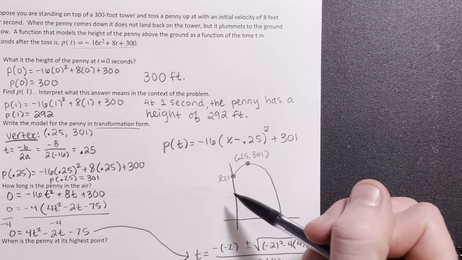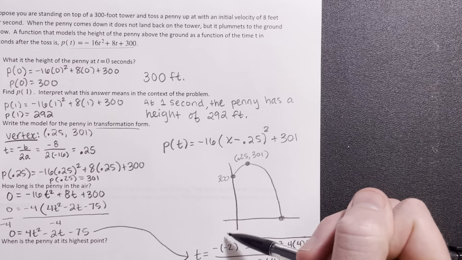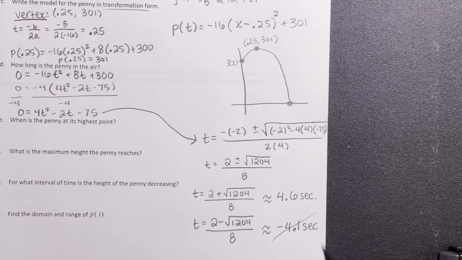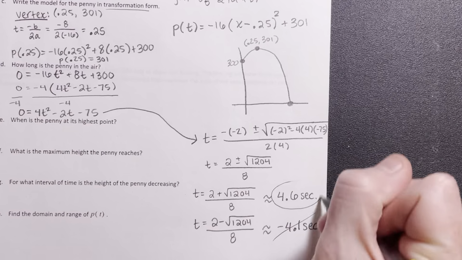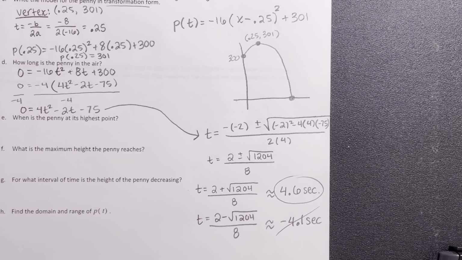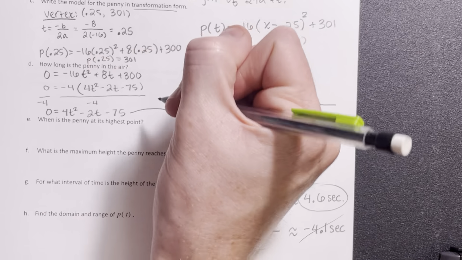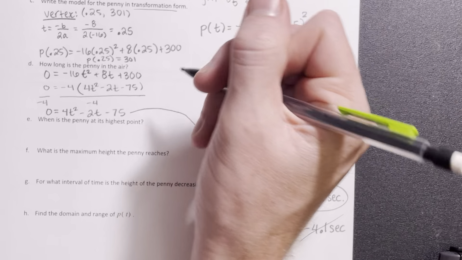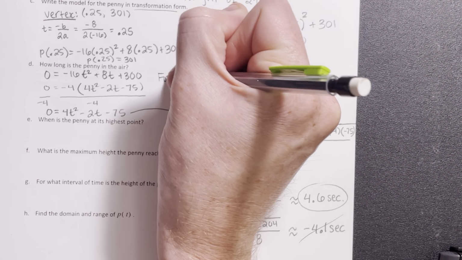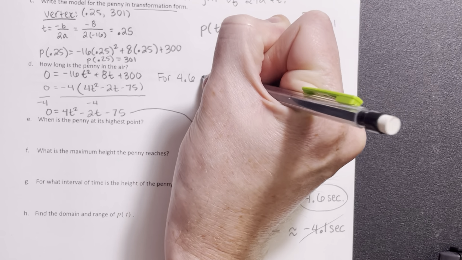When we think about the time, it can't be negative. So I'm going to ignore that solution. The 4.6 seconds is the only one that has some meaning in this problem. So I would say this is in the air for 4.6 seconds.